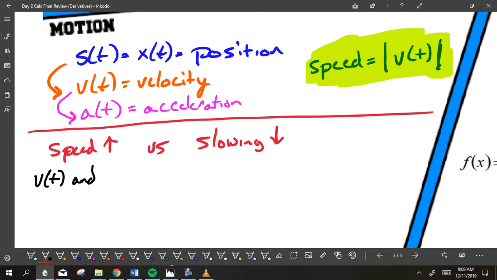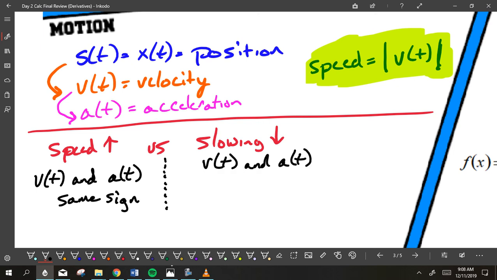They're the same sign. If you're slowing down, V of t and A of t have different signs. Speeding up versus slowing down, we do that all the time, but just make sure we know it.